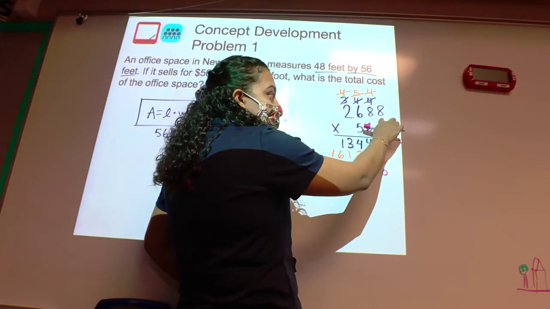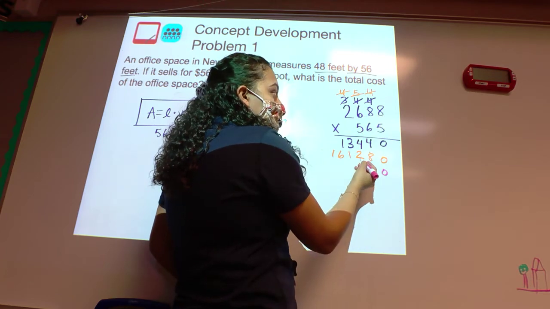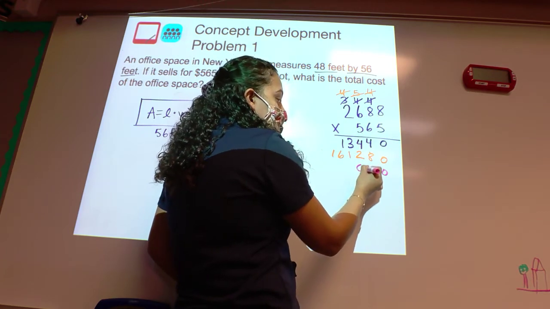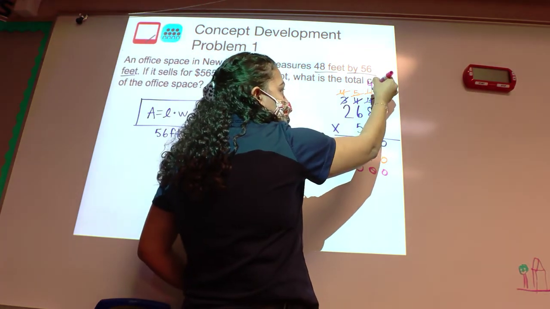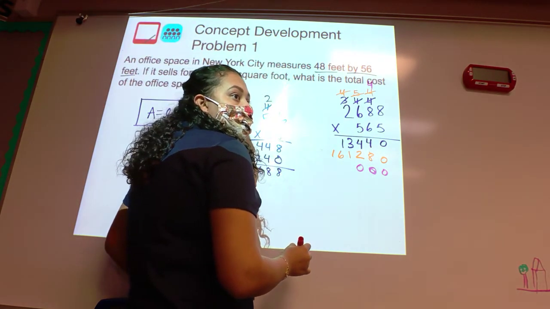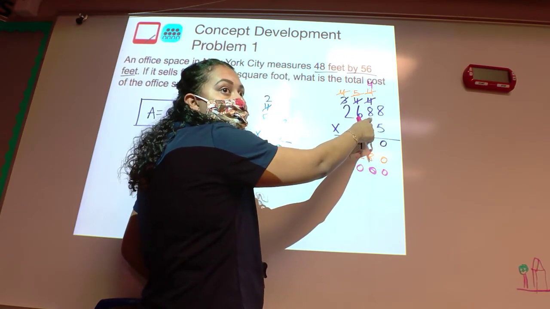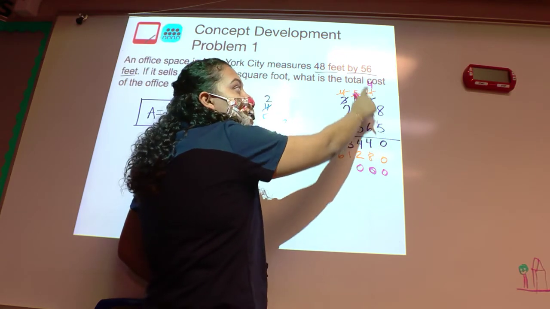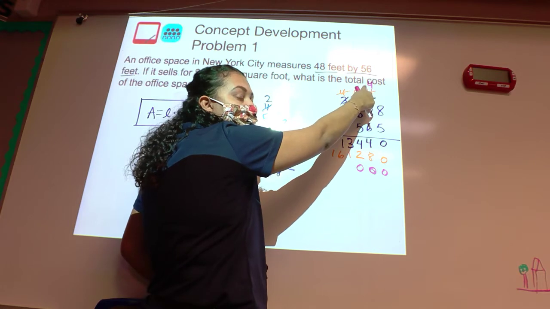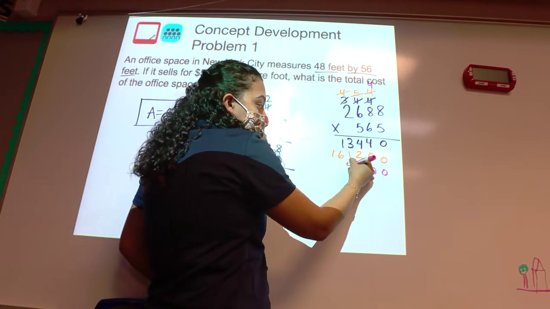Okay, so now 5 times 8. 40. So 0 there. Carry the 4. Okay, 5 times 8. 40. 40 plus 4. 44. So 4 here.